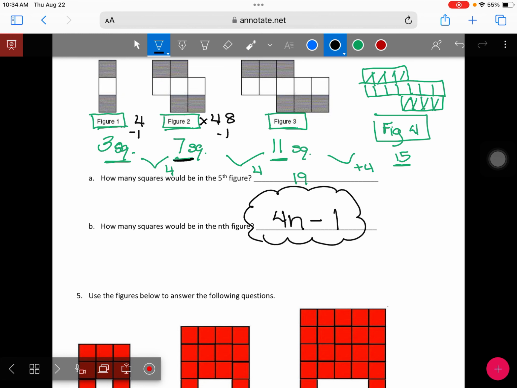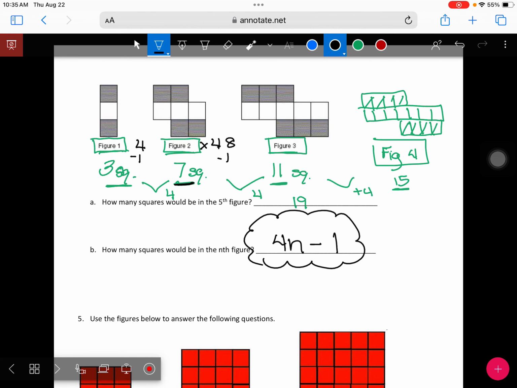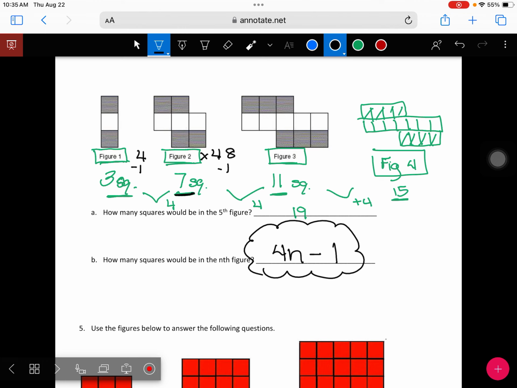I did have, very quickly, someone said that the number of gray tiles was always 2 times the figure number. And then someone said the white tiles were always 1 less than the gray tiles.